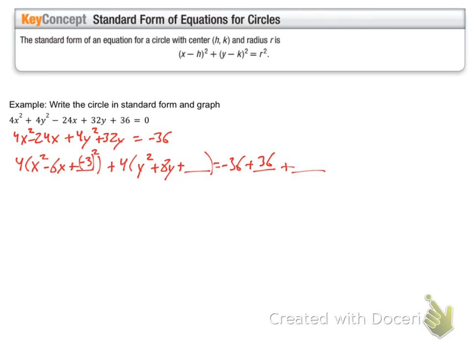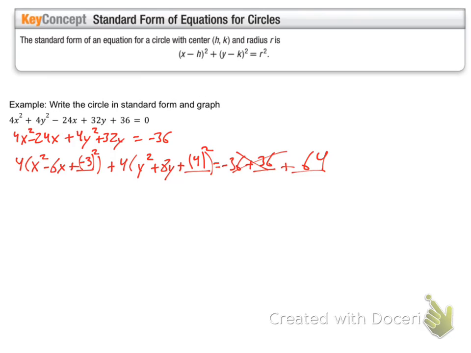Because it's 9 times 4, which is 36. Over here, what's half of 8? 4. So it ends up being 4 squared. And 4 squared times 4, so 16 times 4? 64. Hopefully everybody recognizes the 36s actually cancel each other out.